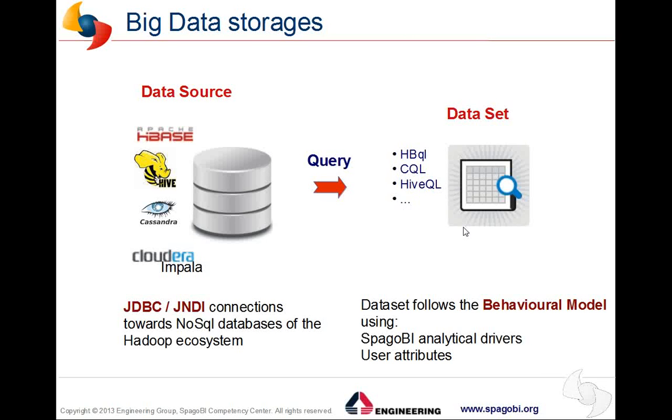And we use these different languages to query these databases, and we connect to them with their JDBC drivers. So each of them provides a JDBC driver, which can be used with a JDBC connection or a JNDI connection, as usual, stored in the server XML file of your Tomcat. So it's a resource for SpagoBI.